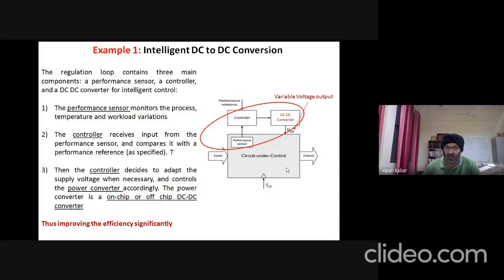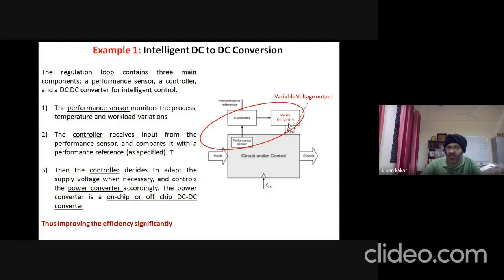So almost all the circuits are running at full power or full load condition. The sensor senses this full load condition or activity of all the circuits and sends this signal to the controller that all the circuits are now running at full load, so I need an increase in the power. The controller then decodes this message and sends the decision to the DC to DC converter to increase the voltage by 0.5 volts, 0.6 volts, or so on.